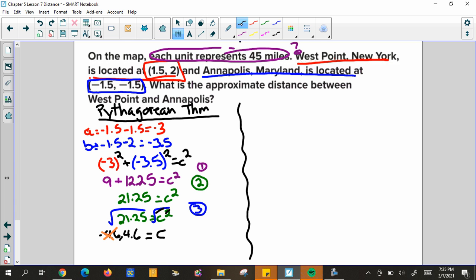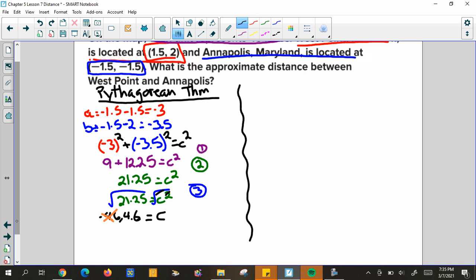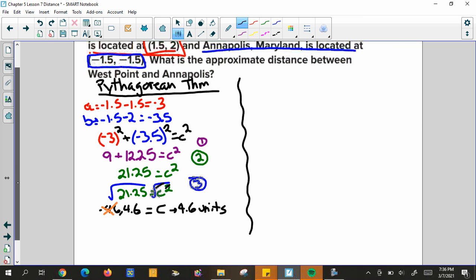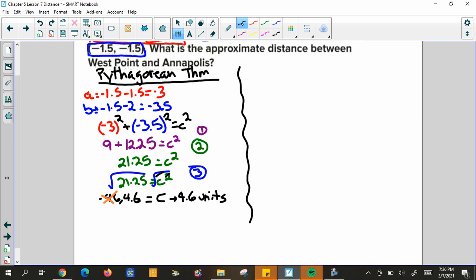Now, I must warn you, this question isn't done. Because this is 4.6 units. So I need to change units into miles. Remember, it says each unit represents 45 miles.